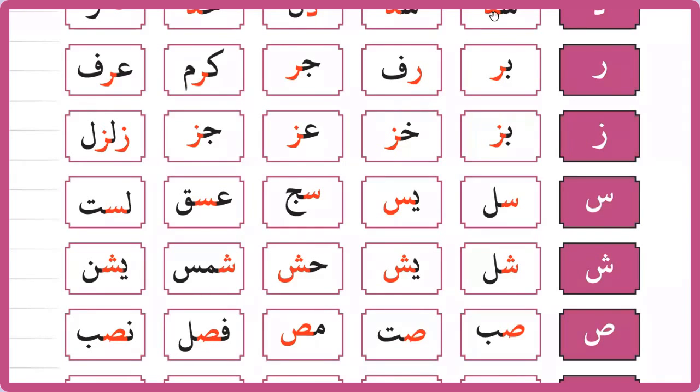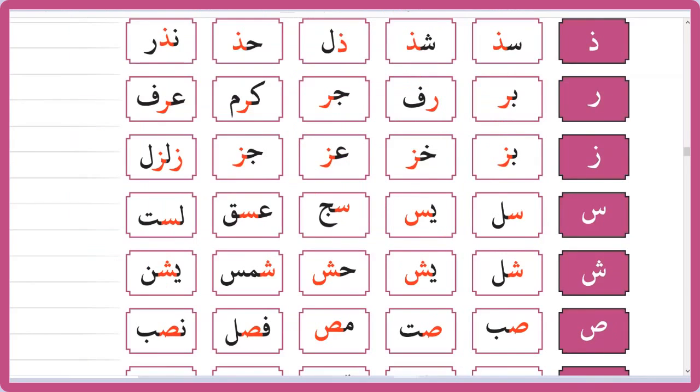So you will read it like seen, dal, sheen, dal, dal, lam, ha, dal, and now this is a word, noon, dal, ra. Okay, so who wants to try it? I can volunteer to go.